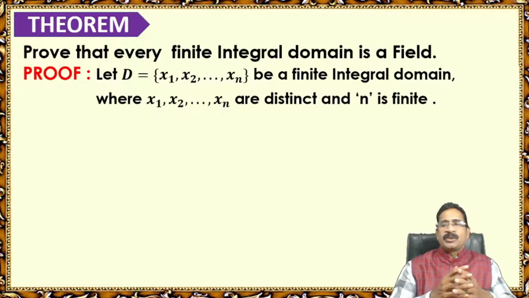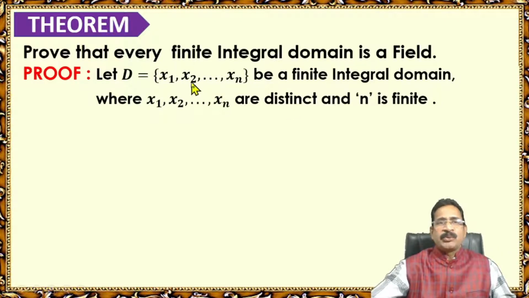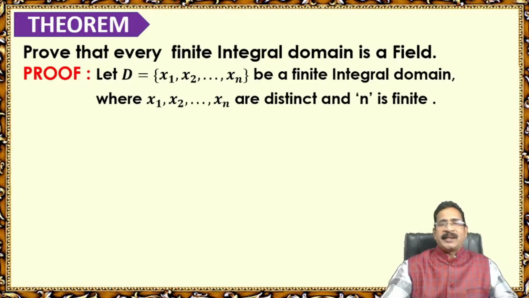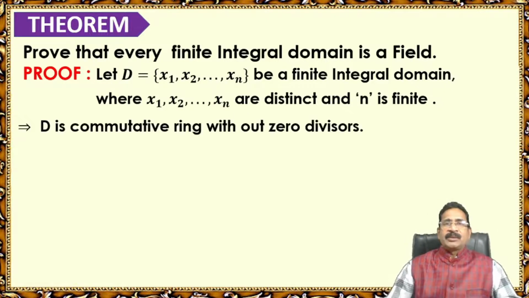Let D is equal to {x1, x2, x3, and so on xn} be a finite integral domain. Here x1, x2 and so on xn are distinct. What it means? No two elements are equal and n is finite. So an integral domain means it is commutative without zero divisors.